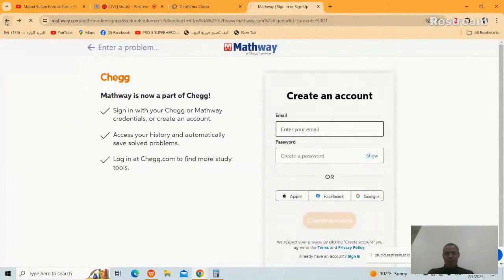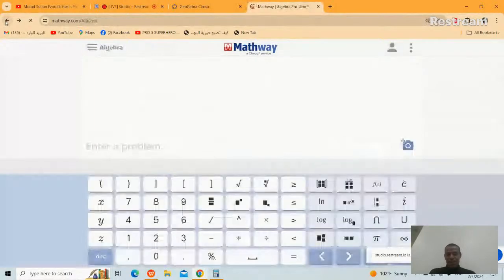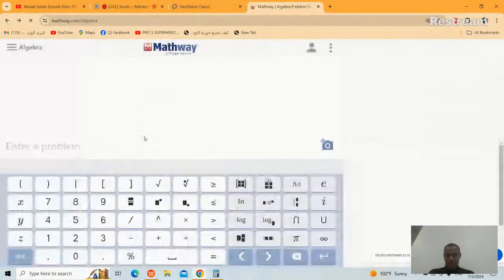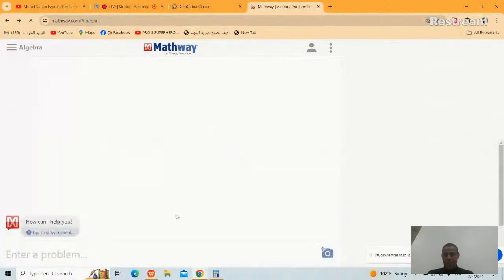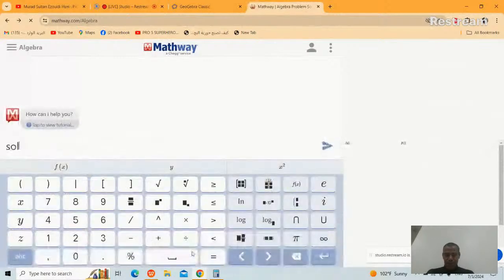So now Mathway blocks it. It can't. Let's say solve this question. How can I help you? Again, I will tell you exactly what to do. Solve for x.